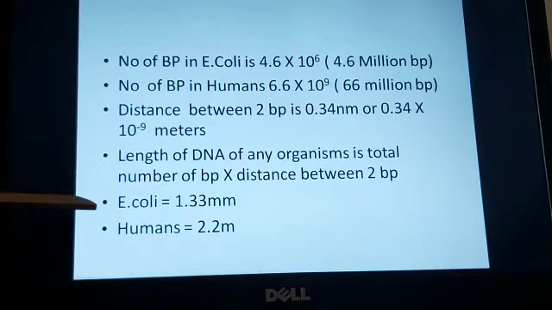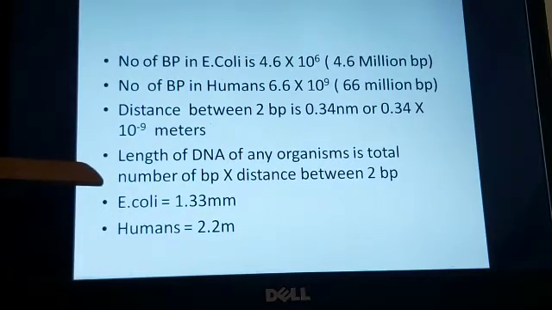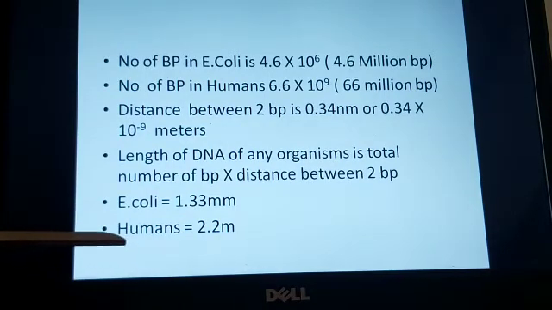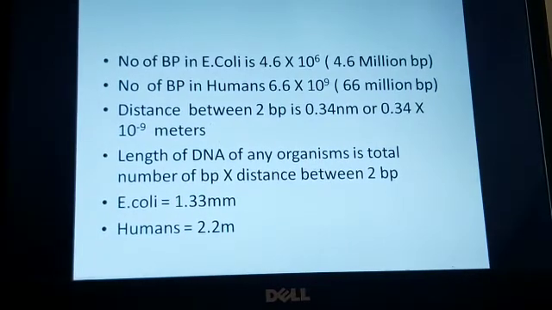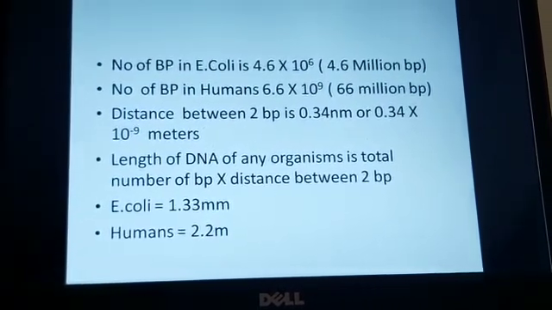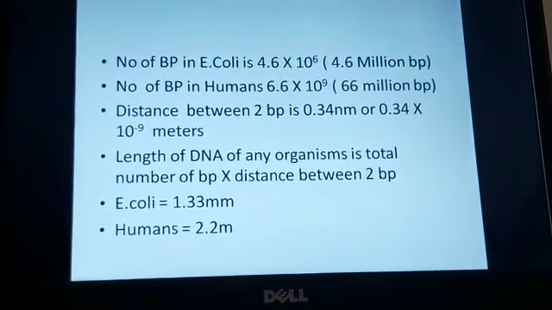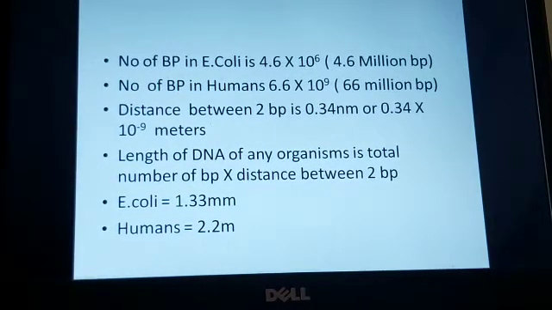So when it is calculated with this kind of a formula, then in E. coli, the length of DNA is 1.33 millimeters, and in the human beings, the length of the DNA is 2.2 meters. So you can imagine how this 2.2 meters of the DNA is coiled and supercoiled and is present in the chromosomes, which is present in the nucleus of each and every cell of the human being.